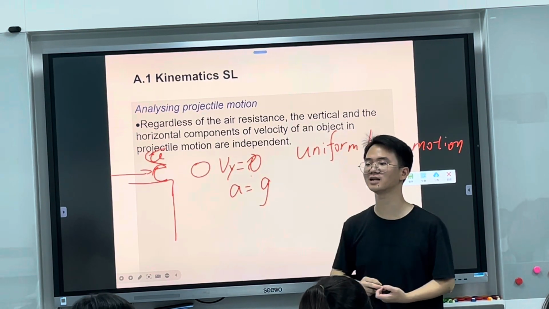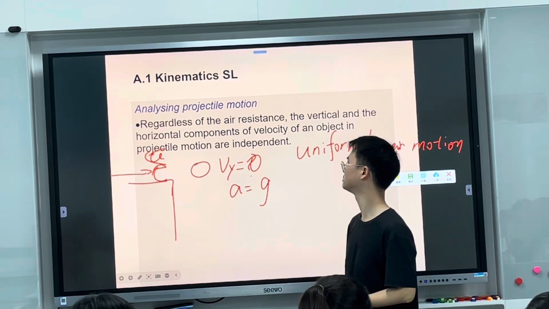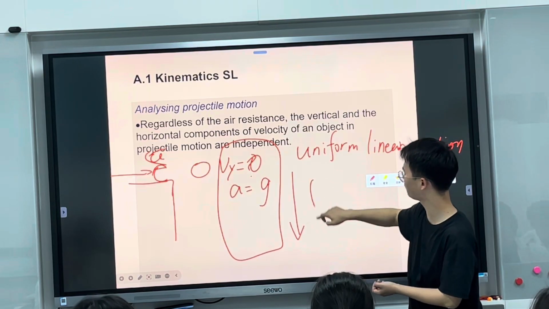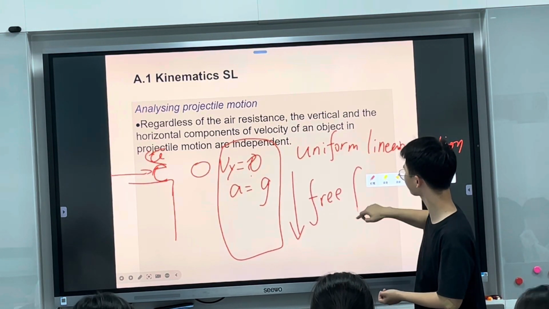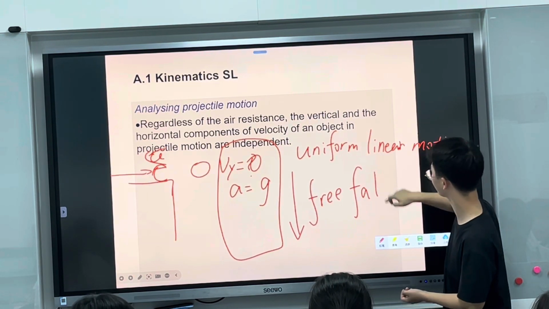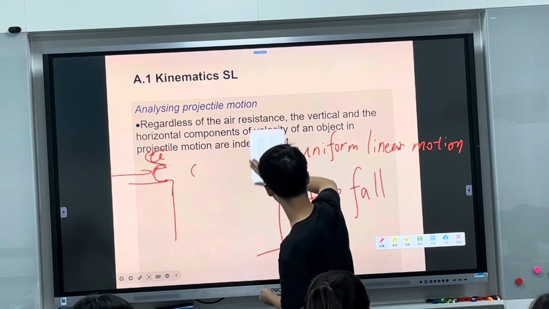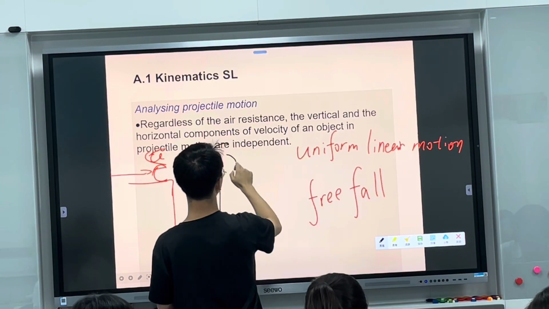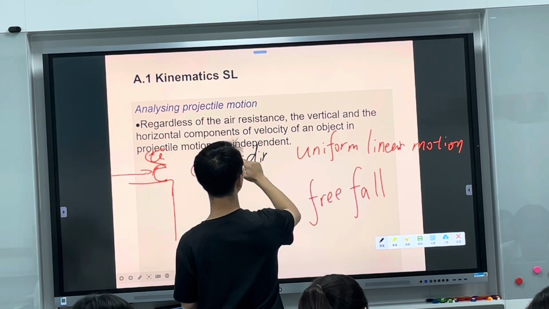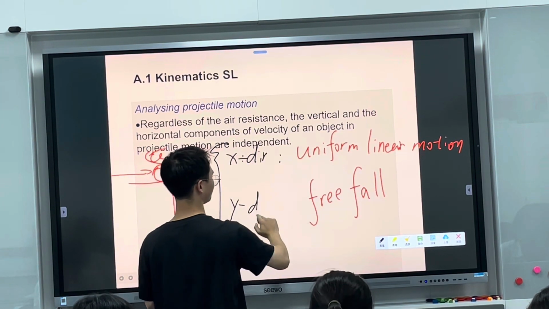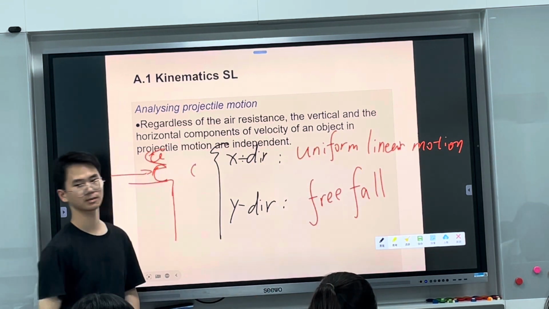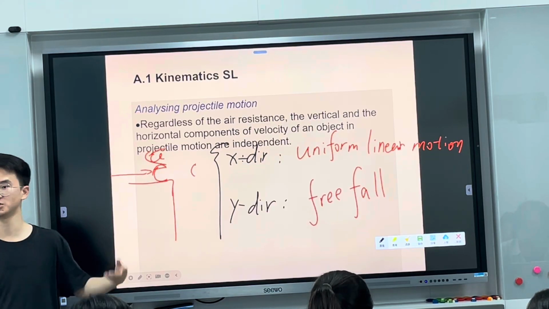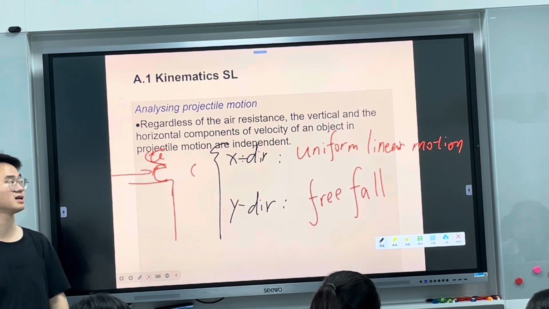So vertically, it's free fall. Right? So to sum up, x direction, y direction. That is projectile motion. That is projectile motion.